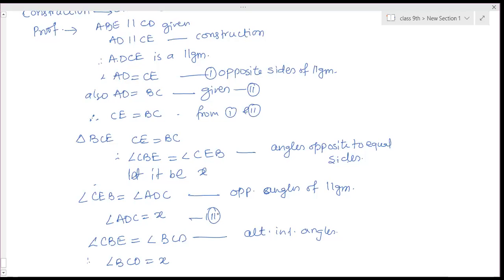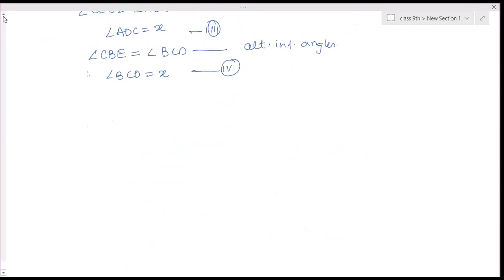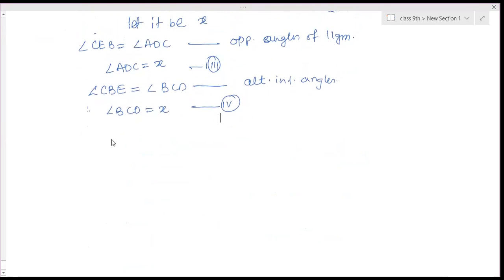This is third and this is fourth. From 3 and 4, angle ADC is equal to angle BCD because both of them are x.